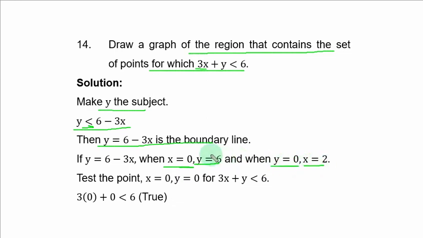Now let's find out if s equals 0, y equals 0 will satisfy the inequality. So you have it in this form. You replace s with 0, replace y with 0. Now at the end, you have it that 0 is less than 6. So s equal to 0, y equal to 0 are true. They satisfy the inequality.